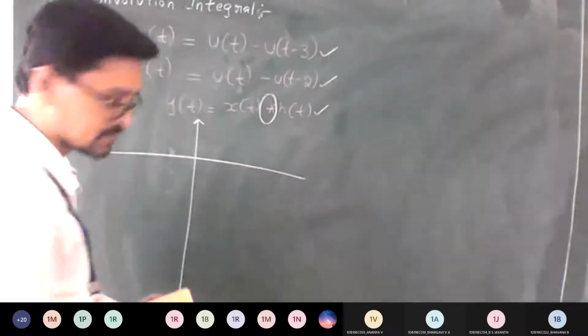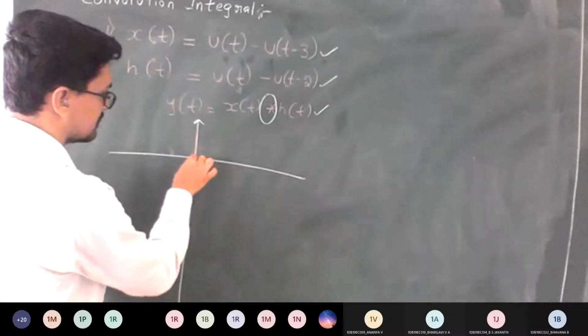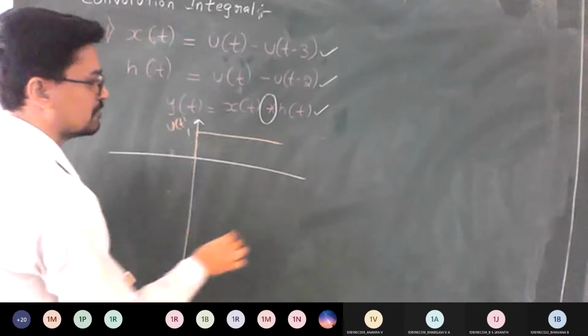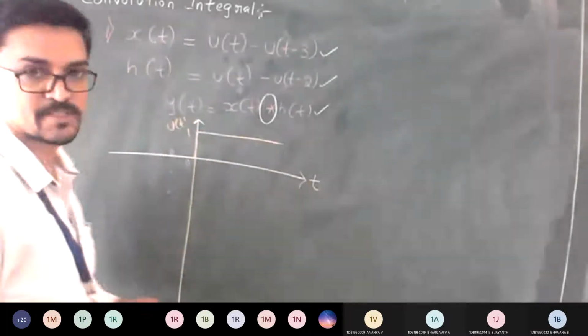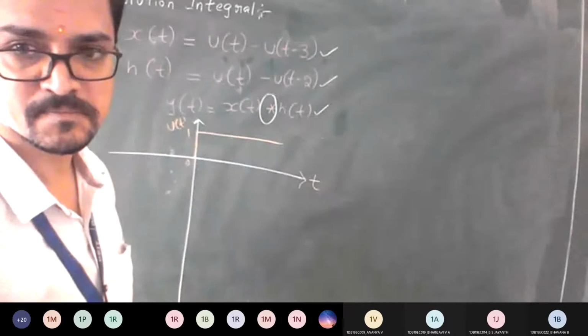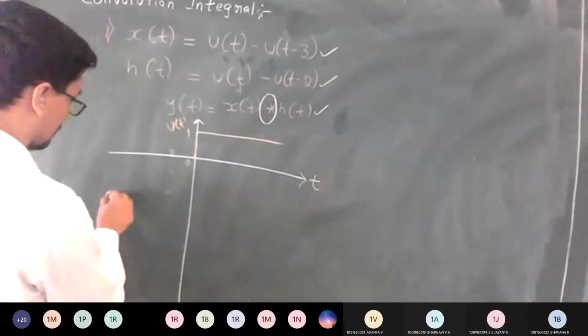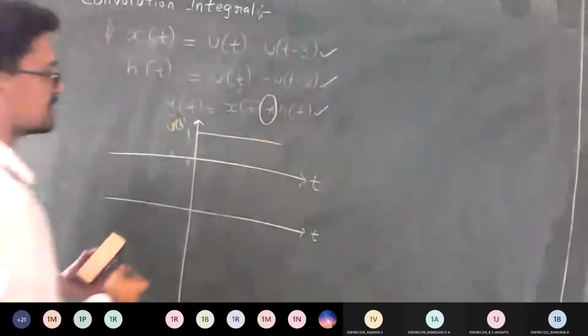So in general, how to plot u of t? u of t will be like this. So this is my u of t, with amplitude of 1, which goes towards infinity. It's visible, right? Yes, sir. Okay. Similarly, I need to get my u of t minus 3 also.